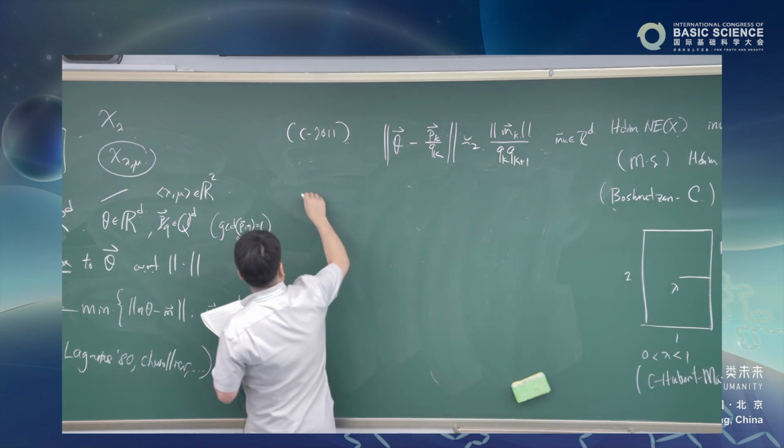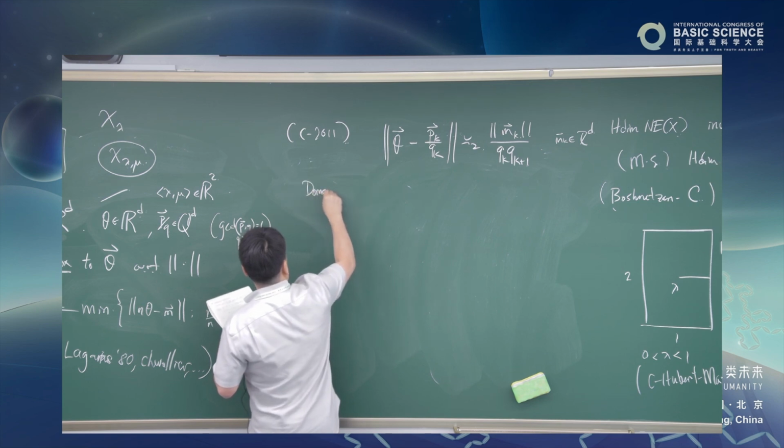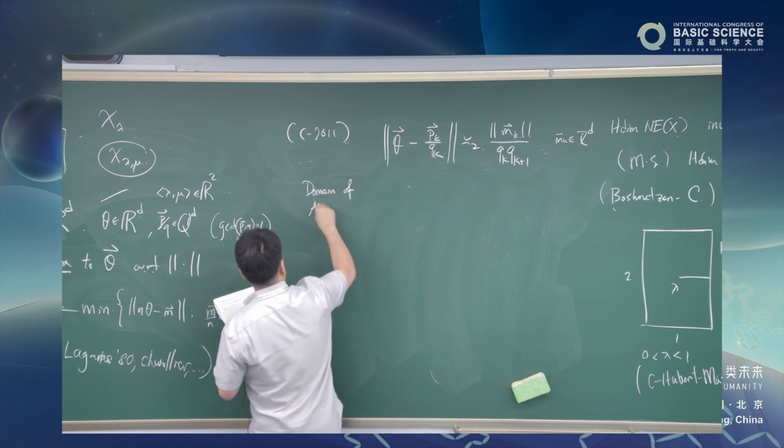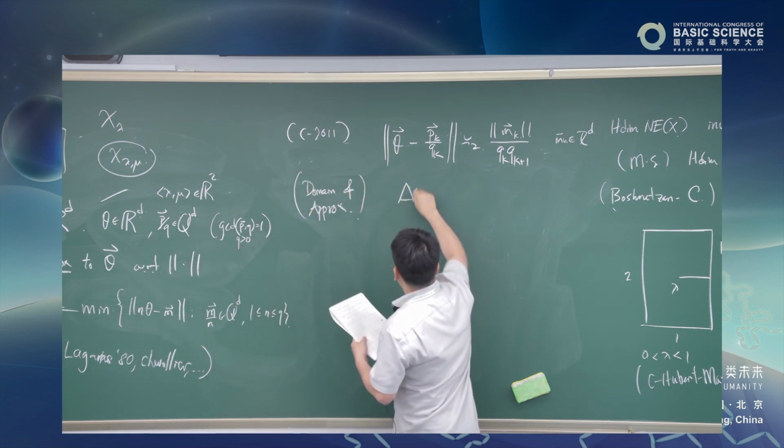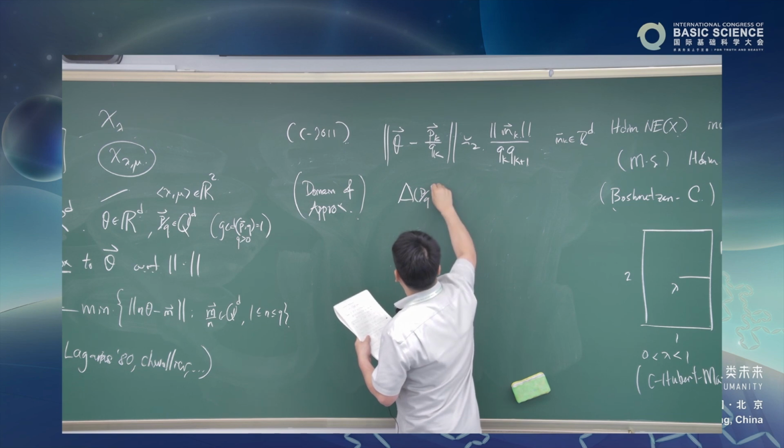There's also another version of this, a set you can define. I call it the domain of approximation of a rational.